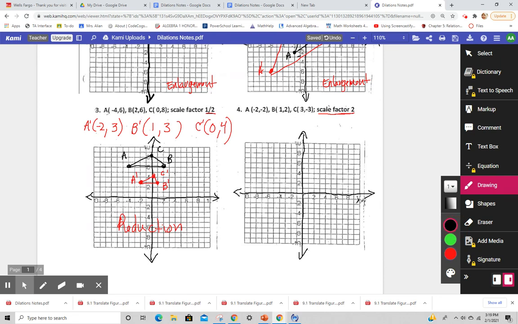A is located at -2, up 2. B is located at 1, 2. C is located at 3, down 3.